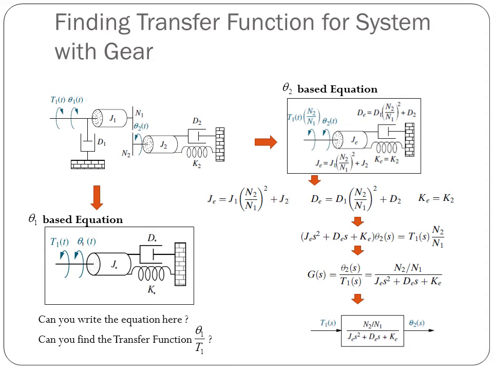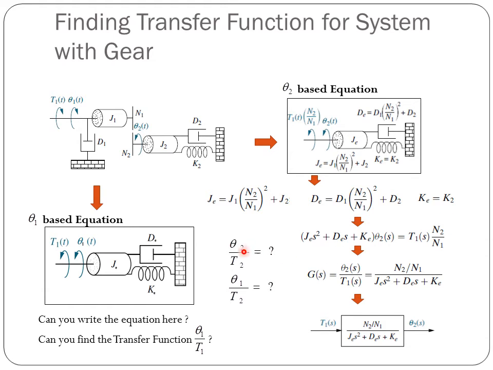Can you find the transfer function theta 1 by T1? If you finished writing this equation and transfer function, you can also try to find theta 2 by T2 and theta 1 by T2. So in this case, what you need to do is change theta 2, or change T1 into T2 by using the ratio.